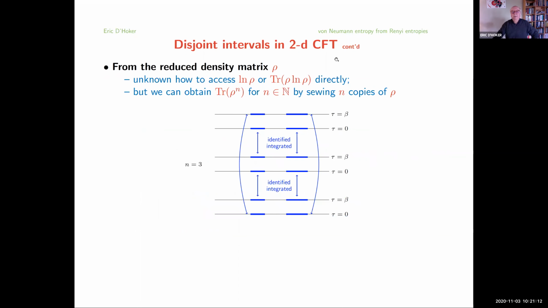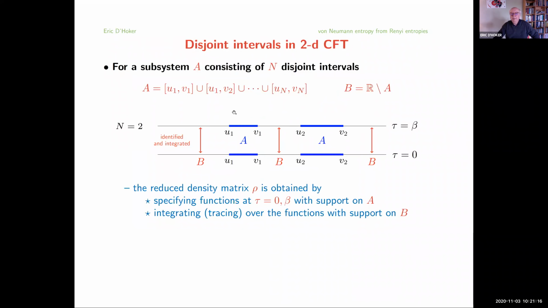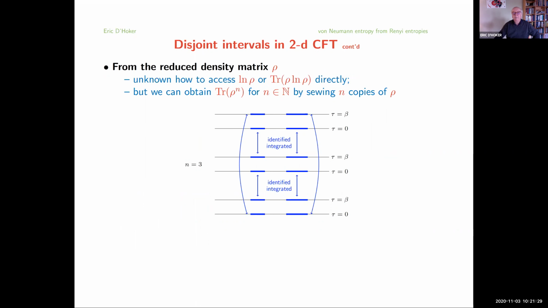Okay. So now what can one compute? This is the setup for the single density matrix and its matrix elements with the field values on the intervals A. What can we compute with this? Of course, for the von Neumann entropy, we'd like to compute the trace of rho log rho, but it is unknown how to take the log of this operator.